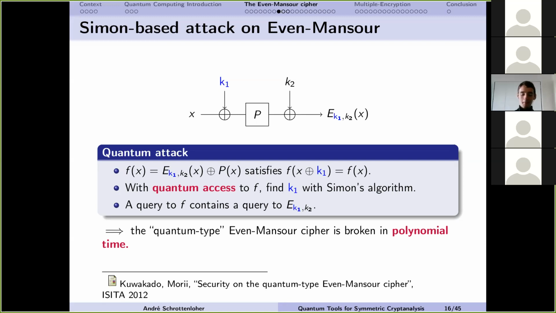So we have broken the Even-Mansour cipher, but we have broken it if we are allowed to consider the secret key black box as a quantum component, to put it inside a quantum algorithm and to query it as a quantum algorithm. If that's the model we're in, if we allow this kind of queries, then this is broken in polynomial time.